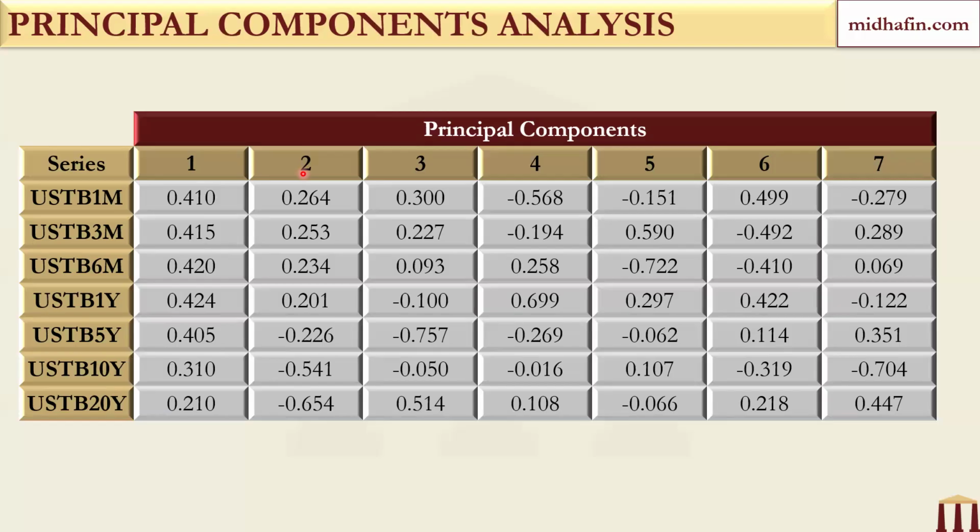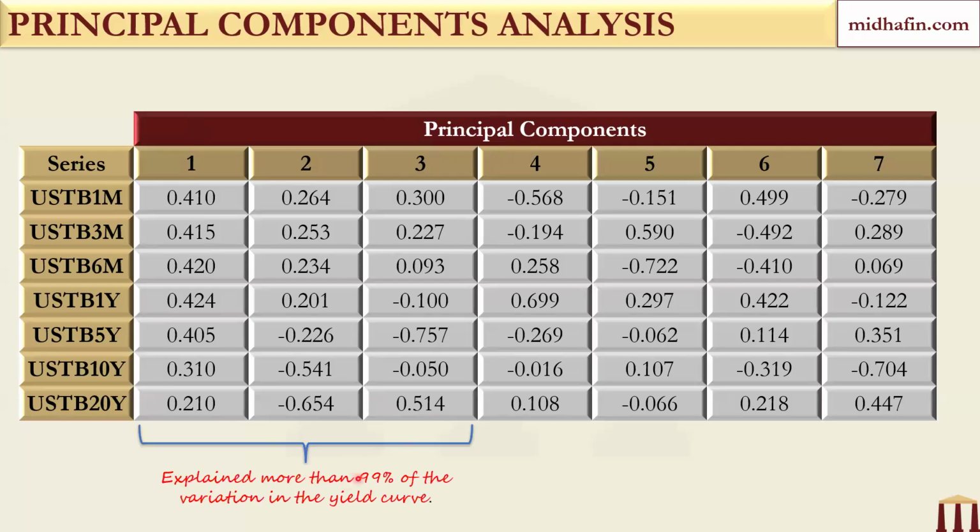So this is a table of PCA loadings from a real world analysis. Each column shows how strongly that maturity is loading into the principal component. Again, the mathematics is not important at all. The important point that you need to understand from this table, and it is quite impressive by the way, is that the first 3 components explain more than 99% of the variation in the yield curve.